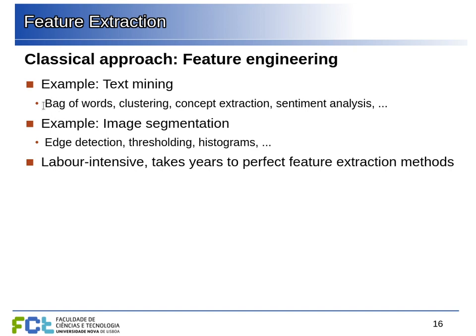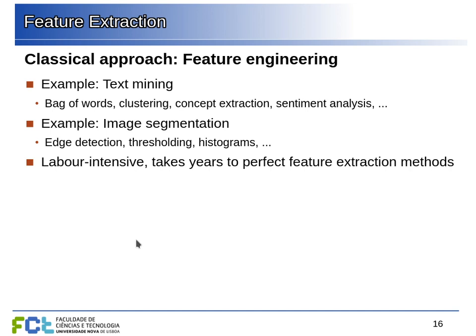So in text mining, there are these techniques of creating vectors indicating whether or not some words appear. We can cluster similar examples and then use the clusters as features to try to simplify the data. In image segmentation, we can do things like detecting edges, measuring thresholds, histograms of colors, and so on.